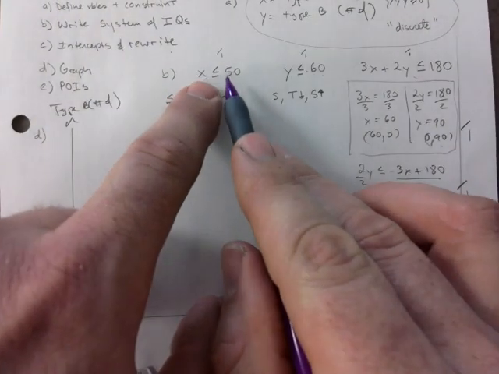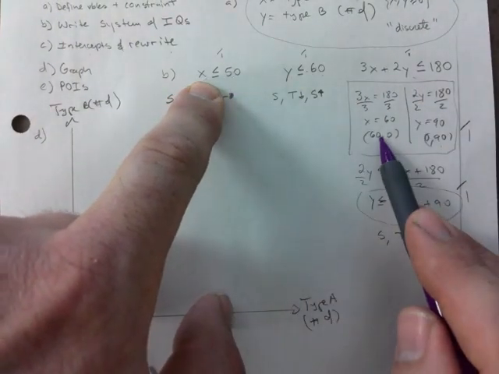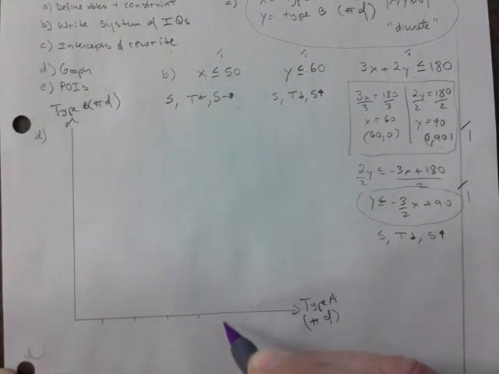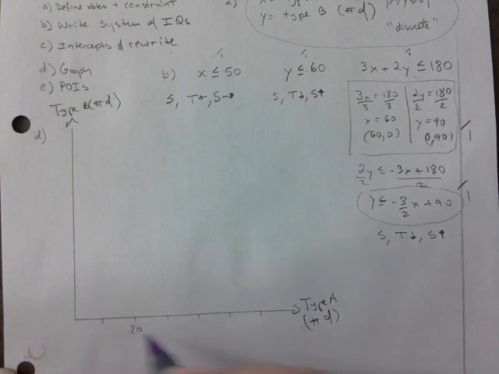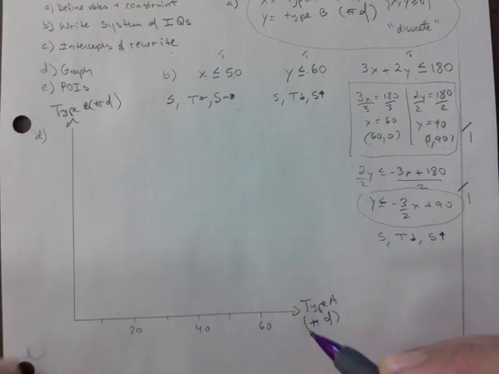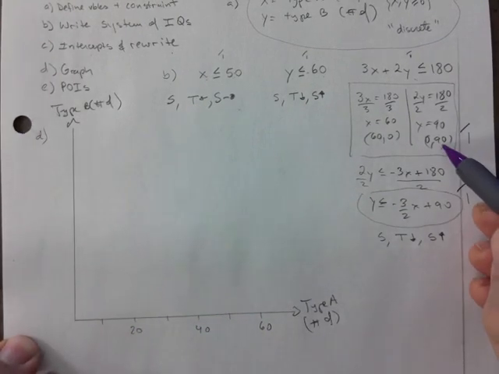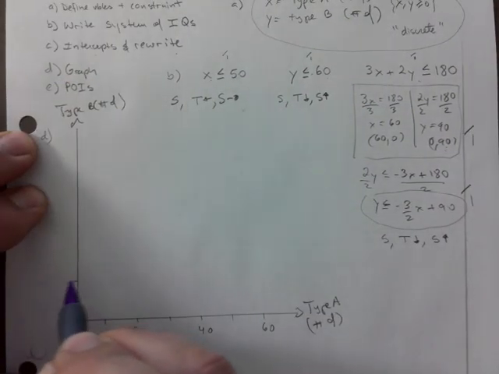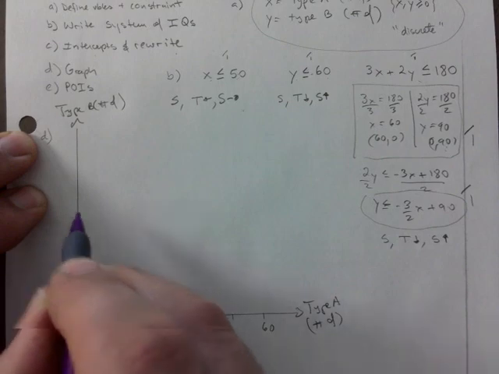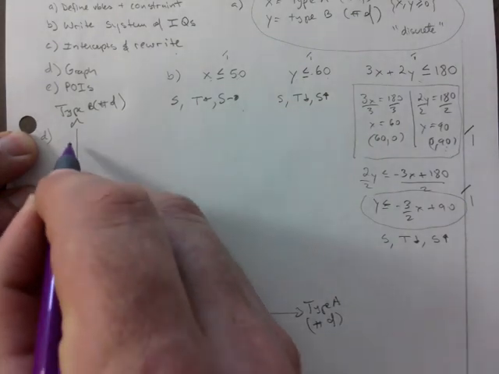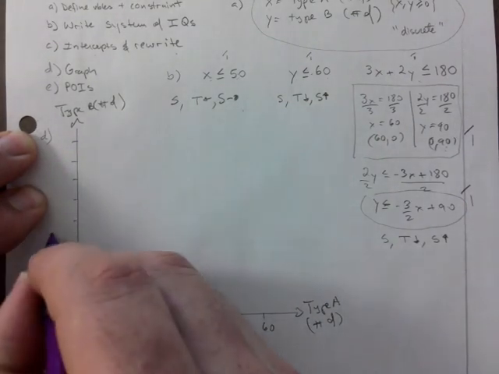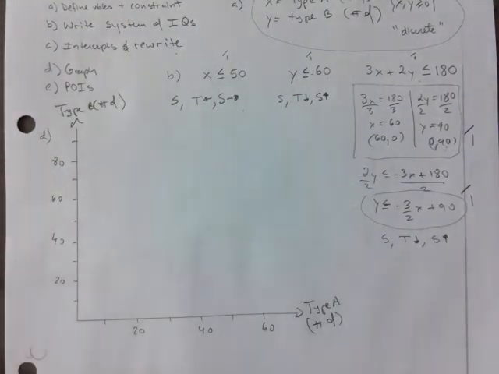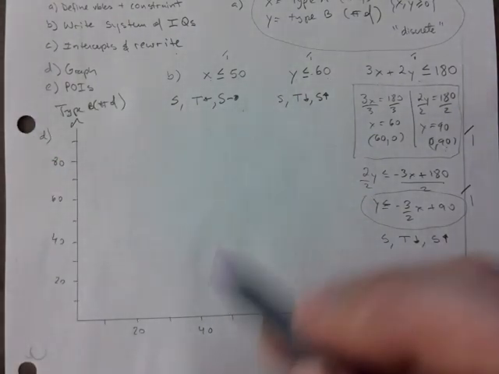So 50 along the X, 60 along the X. So I gotta make sure 10, 20, 30, 40, 50, 60. That works perfect. And then on the Y, I go as high as 90. So I gotta probably go smaller. 20, 30, 40, 50, 60, 70, 80, 90 works out. Okay, there we go. And so you have your vertical at 50.